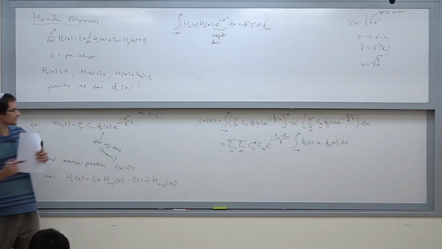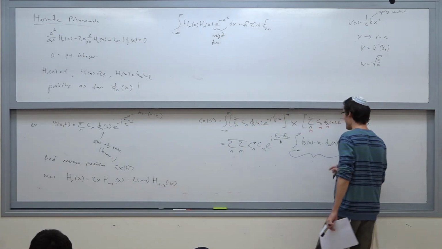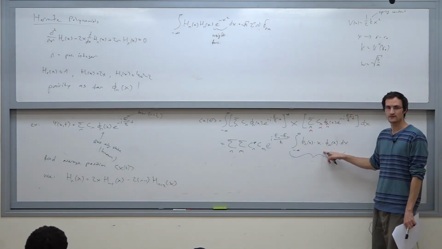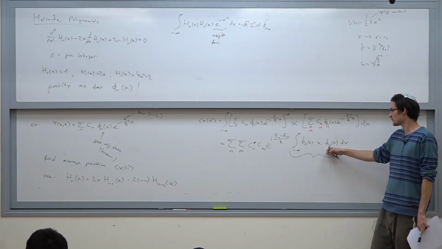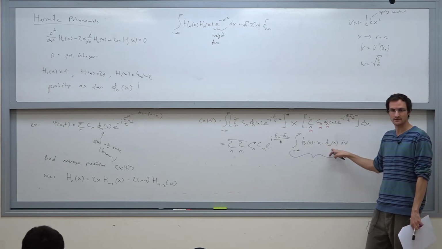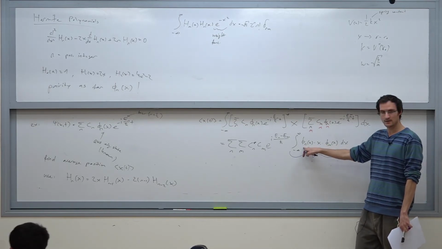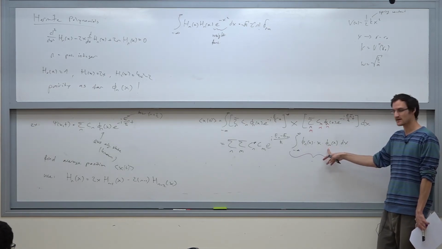Now this thing here, this integral, it looks like an average, but it's not. If this were phi n and this were the same phi n, this would be the average position of the nth eigenstate. But you see I'm using phi n here and a different phi m here. So this is not an average.